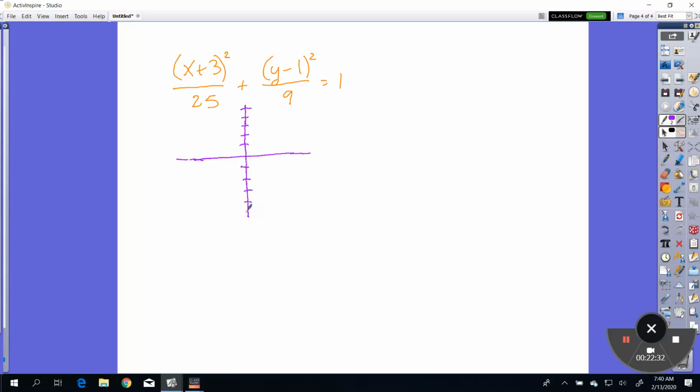Hyperbola, parabola, ellipse? So it's an ellipse because it has the plus, and they're both squared, right? Whereas on a parabola, only one of them would be squared. The center is negative 3, 1. Always backwards of the sign.